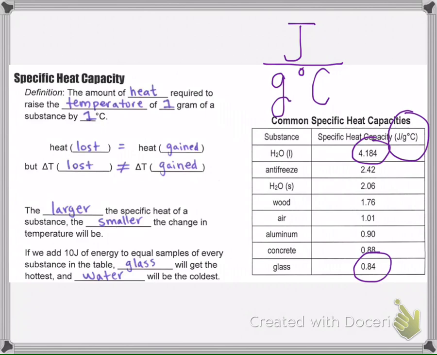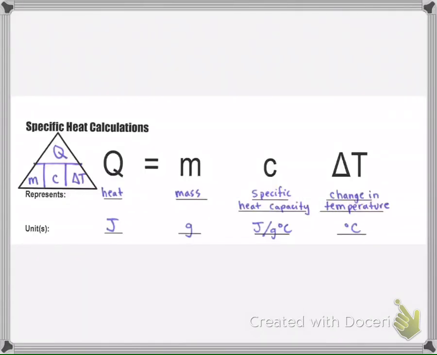That really helps us understand that the amount of heat lost is equal to the amount of heat gained. But that doesn't necessarily mean the change in temperature is the same for the heat lost or gained. Remember, we're looking at energy, so joules. Now, specific heat is helpful because it essentially acts as a constant.